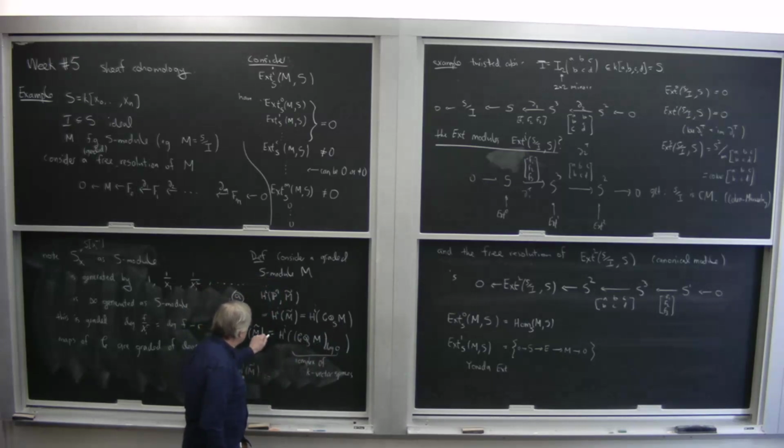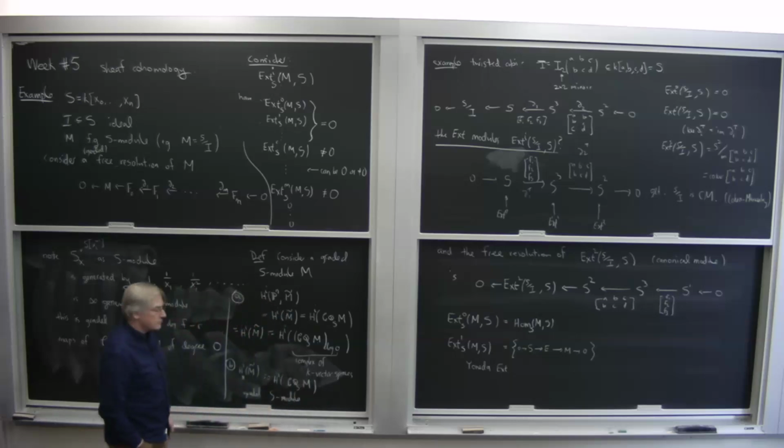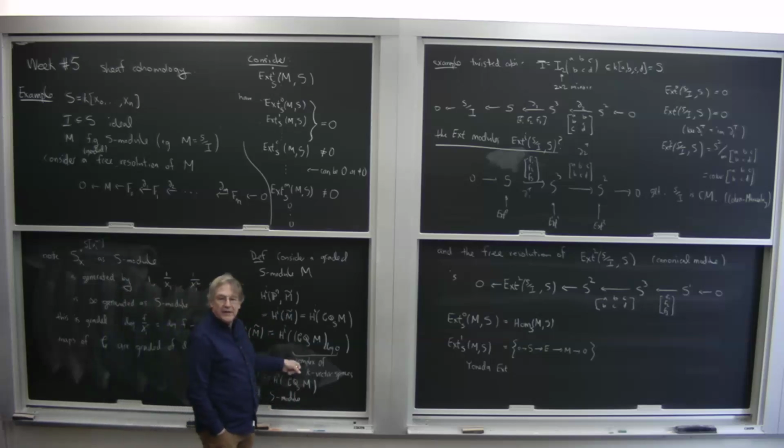And by definition, this is H^i of C tensor over S of M. This thing is a graded S module. Okay, does that make sense? I'm not saying that it's a finitely generated thing. In fact, this is making the whole thing look kind of depressing. You have to be a pretty good optimist to think that this is going to give you anything interesting.